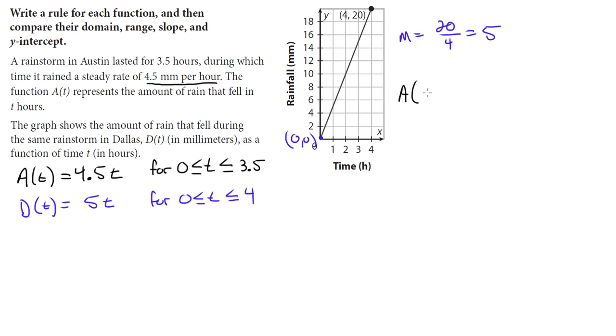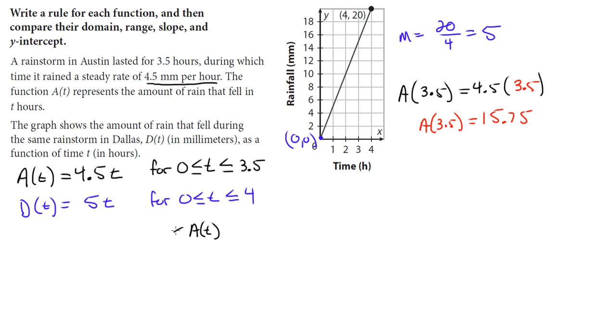So we have to say a of 3.5 equals 4.5 times 3.5, which is 15.75.